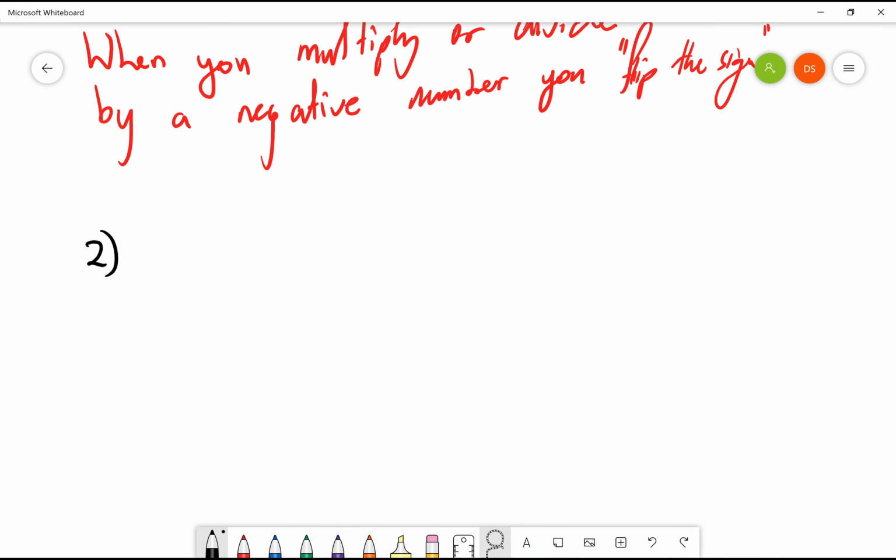Question 2. I better put in an inequality. And then this question here.